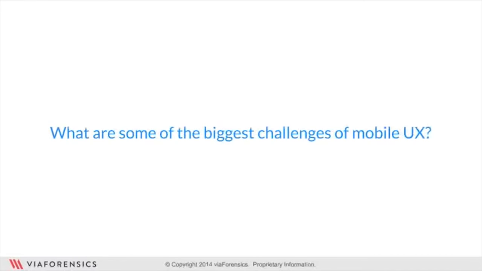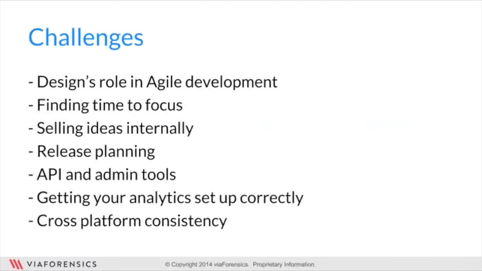What are some of the biggest challenges you're going to face doing UX for mobile? And there is certainly no shortage of them. But a few of the big ones from a design perspective are going to be finding your role in the software development process. So you're going to be part of a software development team, and you're probably going to be the minority in it.